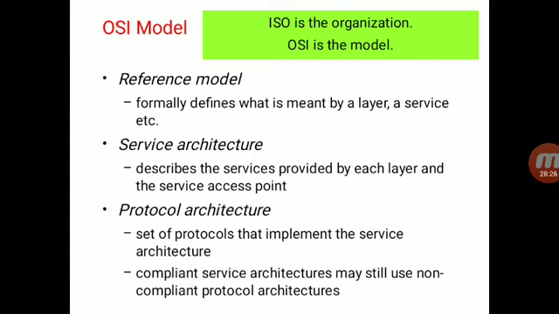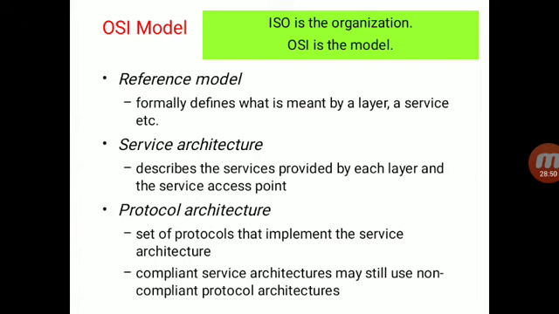An open system is a set of protocols that allows any two different systems to communicate regardless of their underlying architecture. The OSI model is a model for designing a network that is flexible, robust, and interoperable.